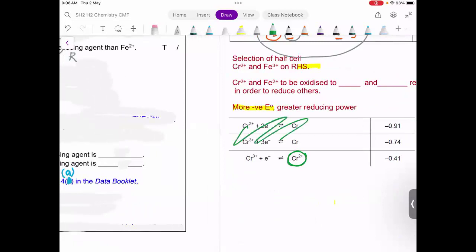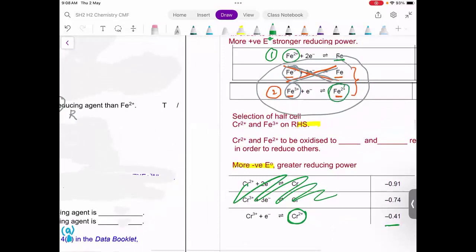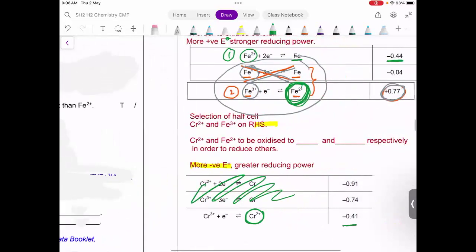These others are not relevant because they are on the wrong side. So this is negative 0.41. If you look at iron 2, this is the only one with iron 2 on the right side, and this one is a positive 0.77 volt. Basically you just need to compare this versus this. Which one is more negative? Chromium 2 plus. Being the more negative, it will be a stronger reducing agent as a result. So far so good?